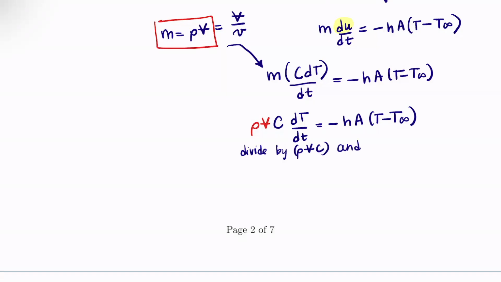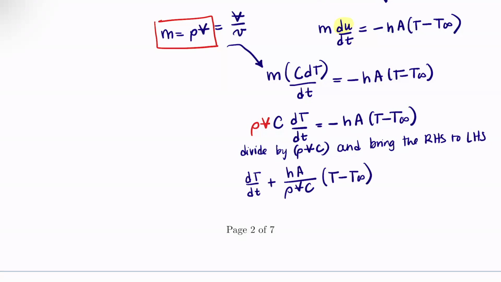And then I'm going to bring the right-hand side to the left-hand side. All right, so when I do that, I get dT/dt plus hA over rho VC times (T minus T infinity) is equal to 0.